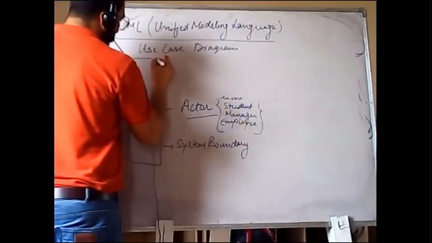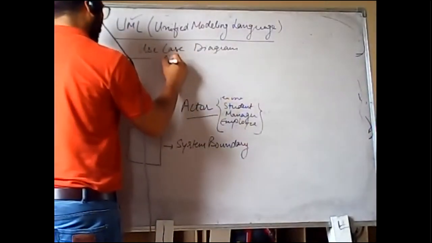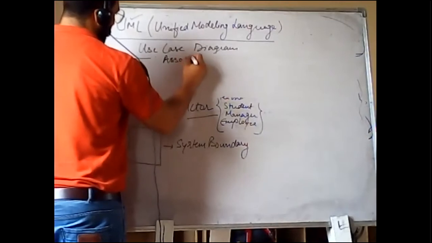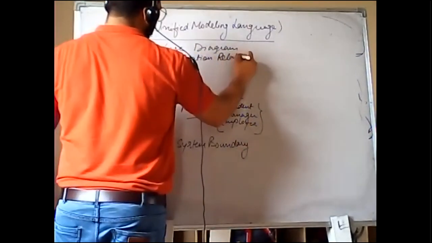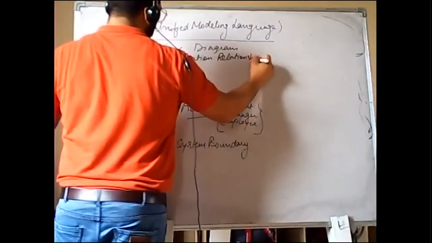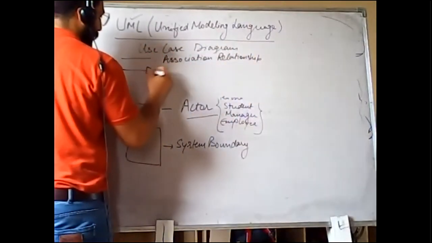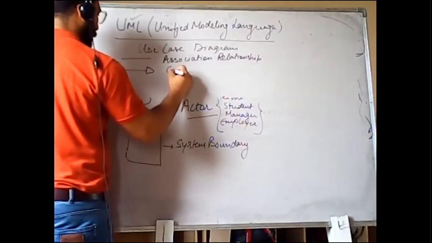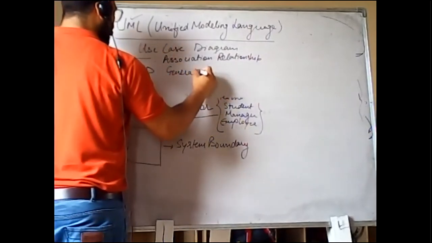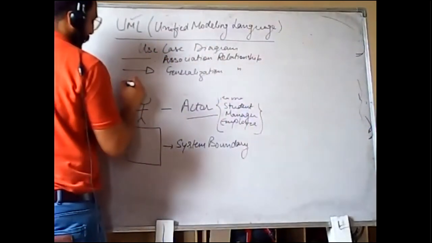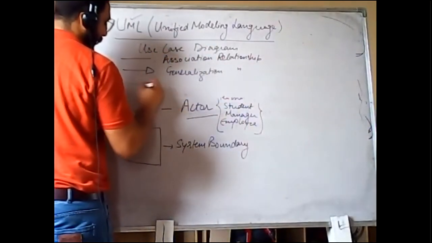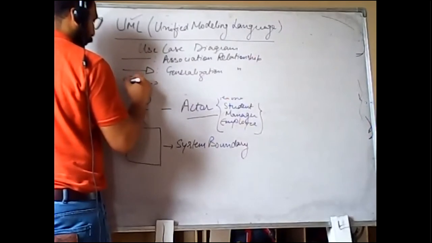First, this relationship is called association. Then this is the generalization relationship. And further, the dotted line, and here we will write include.